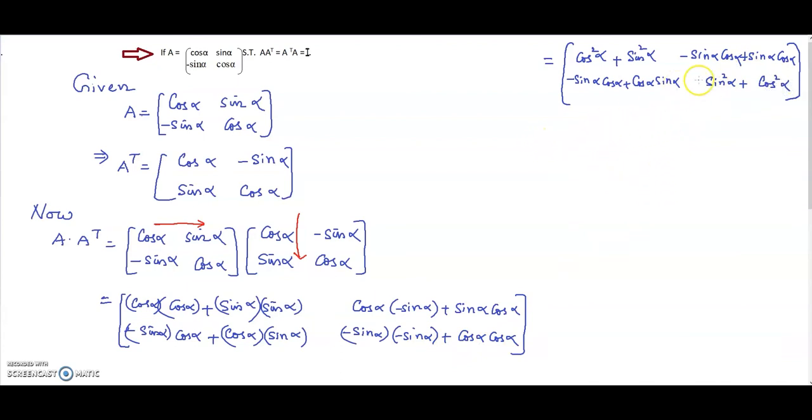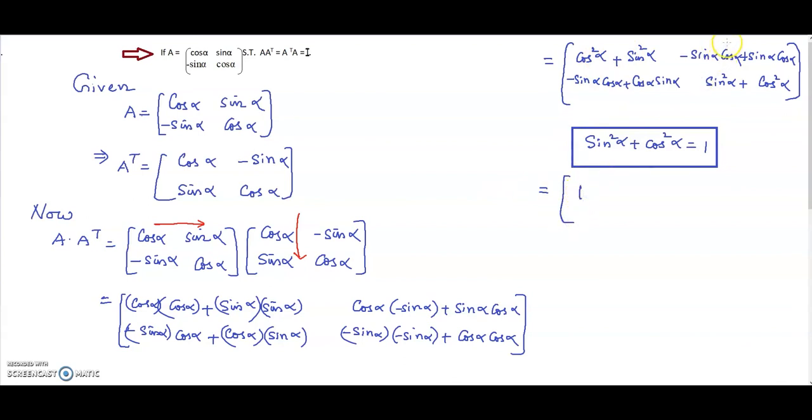Now we have cos square alpha plus sin square alpha here, so we can use the identity. We have the identity sin square alpha plus cos square alpha is equal to 1, the first identity of trigonometry. So we can write this as 1.